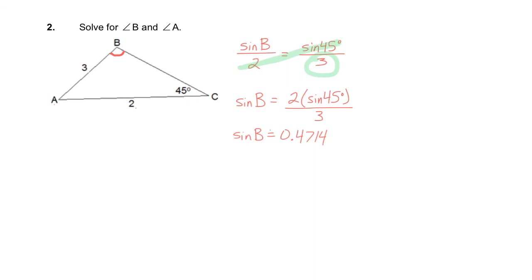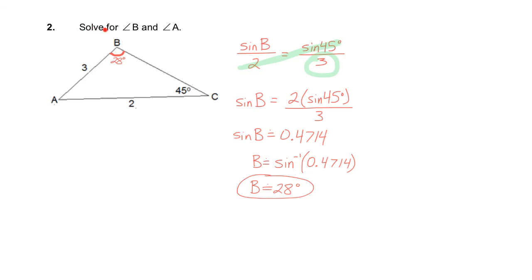And that's wrong because remember, this is not angle B. This is the sine of angle B. So if we want to get the angle B, we have to do the next step, which is take the inverse sine of 0.4714. So angle B is actually equal to the inverse sine of 0.4714, which is about 28 degrees when you do that in your calculator. So we've got angle B is 28 degrees.